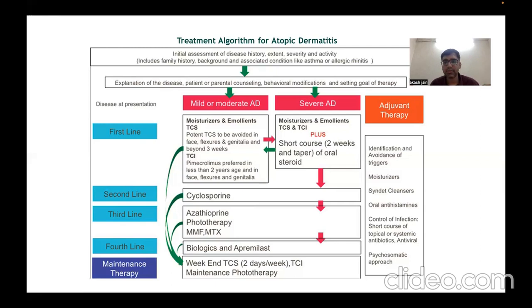Third is syndet cleansers for bathing. Next is oral antihistaminics. Then control of infections, like a short course of topical or systemic antibiotics or antivirals in eczema herpeticum cases. Then last is a psychosomatic approach to control the stress factor.